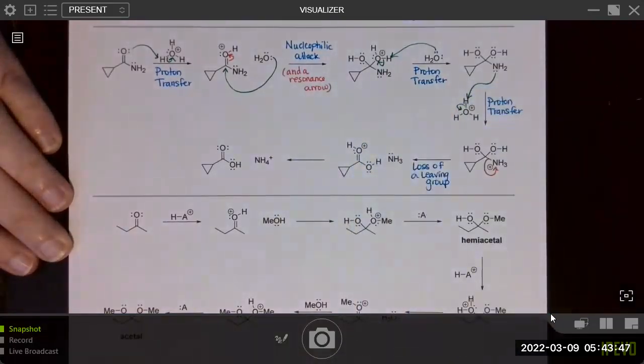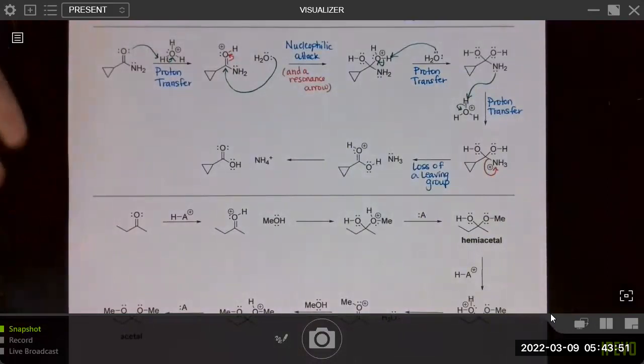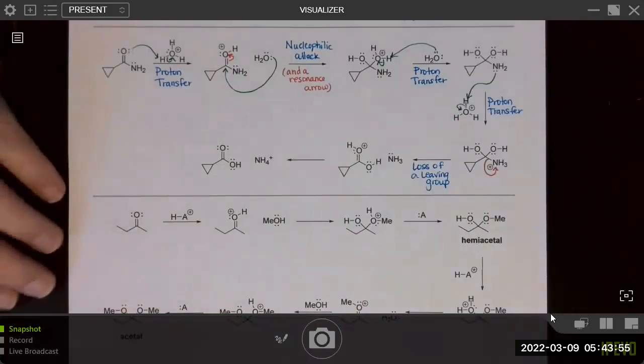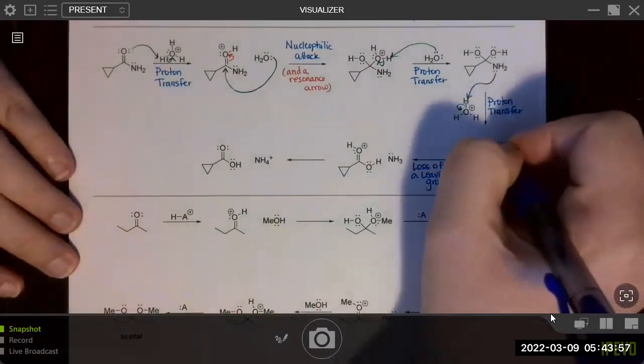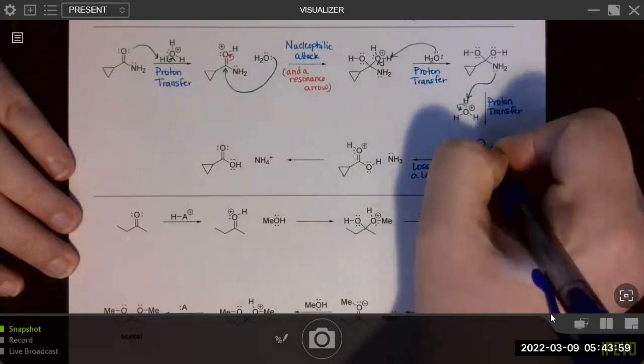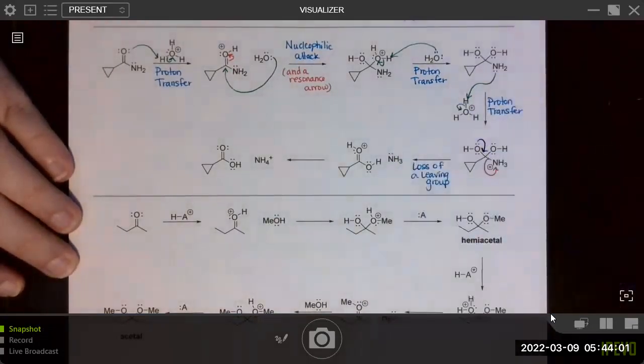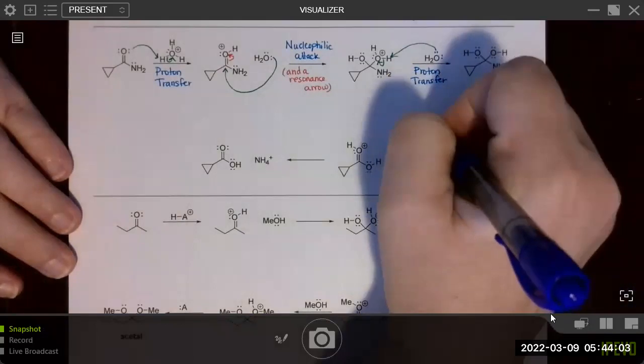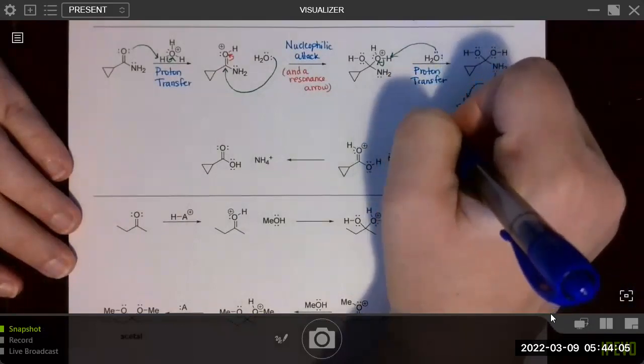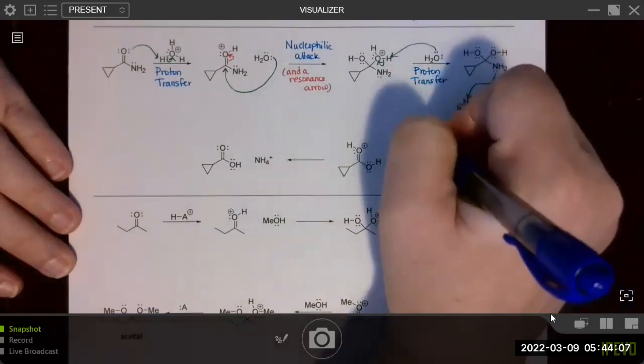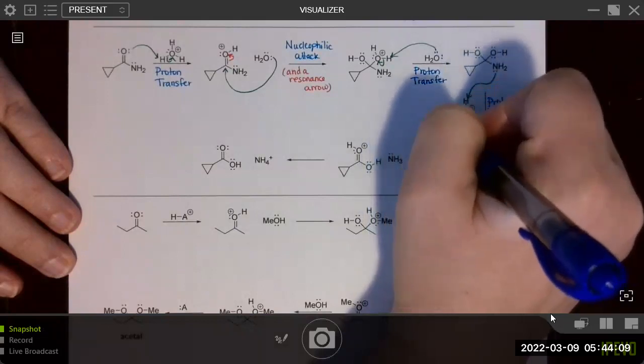And then I'll just use another color. Dark blue. So this one will be, and again, from any one of those four lone pairs is okay, right? And I'll just write and a resonance arrow.